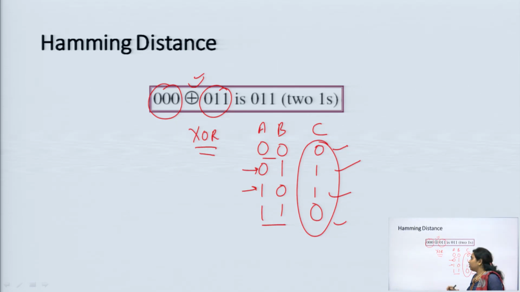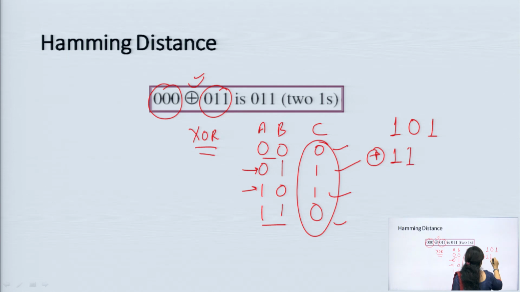Now, next we will see how we have to calculate the Hamming distance. Let me take an example, let us say this is 101 and you have to perform the XOR operation on this. You can easily see that this will be 0, this will be 1 and this will be 0.